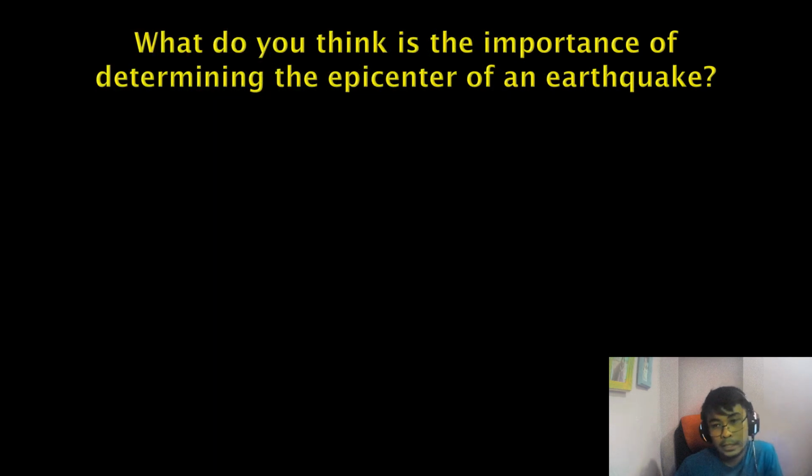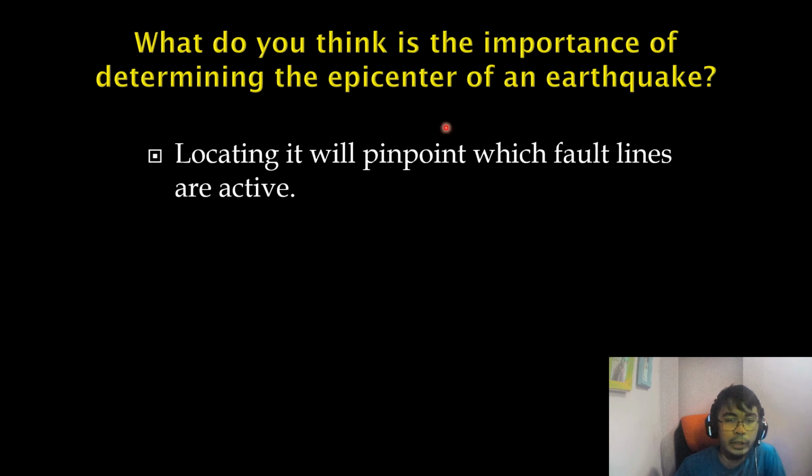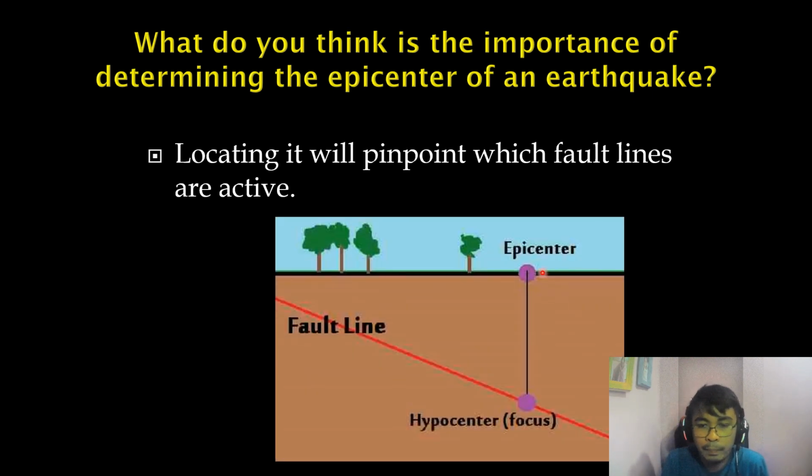So the importance is that when we pinpoint the earthquake epicenter, we can also locate the fault lines that are active. Okay? Kasi pag nalocate mo ito, malolocate mo yung focus, and of course, when we locate the focus, malalaman natin yung tawag natin na fault line.